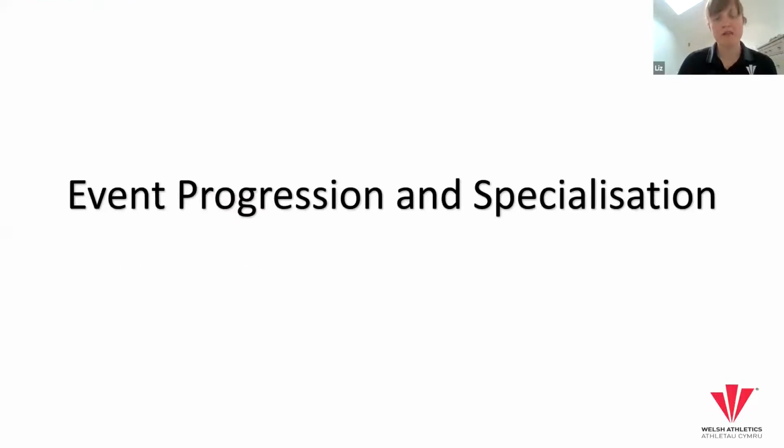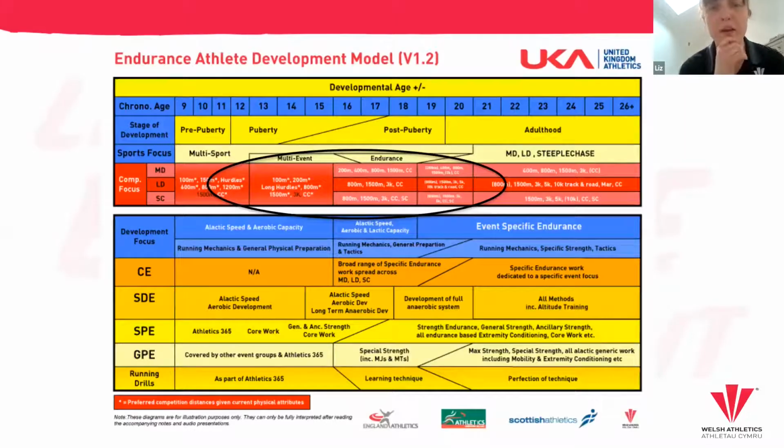But when we look at events, the next thing we have a look at is event progression and specialisation. There are a few athlete development models which support that event specialisation and progression. UK Athletics produced their endurance athlete development model, which looks at various developmental stages for athletes, both physical development and competition development.